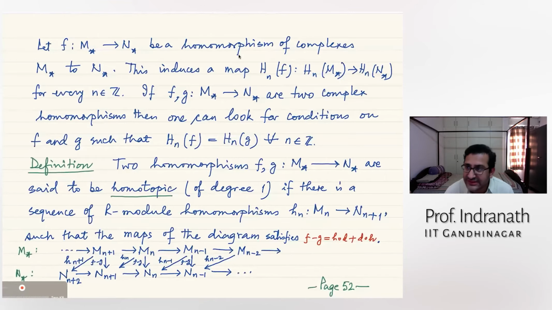Okay. So basically it's an exact sequence of R modules, and we will call it a free resolution if each one of these modules, M0, M1, M2, and so on, they are free modules. We'll call it a projective resolution likewise if each one of these is a projective module. But this is an exact sequence of R modules.